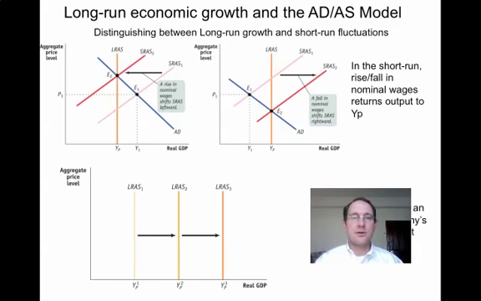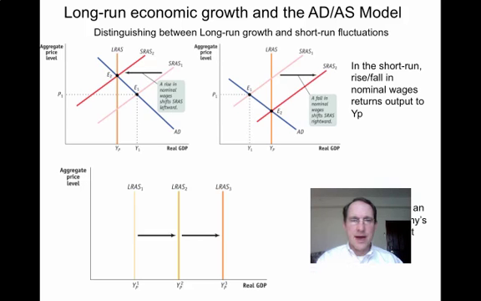Let's do one quick reminder of long run versus short run growth, or rather, said another way, long run growth and short run fluctuations when we're looking at the aggregate demand and aggregate supply models. The top two graphs here show short run fluctuations.